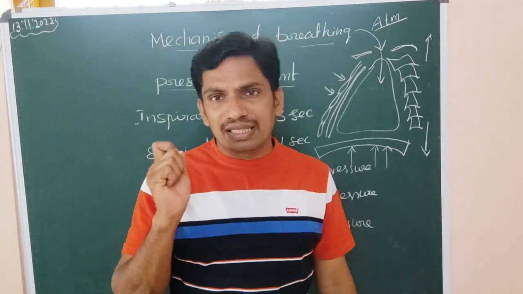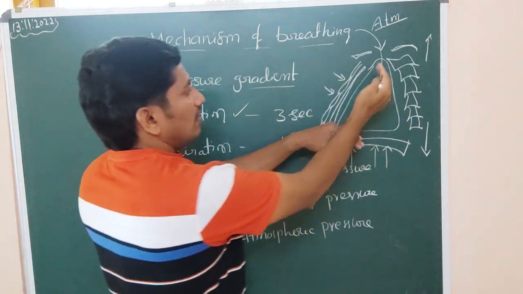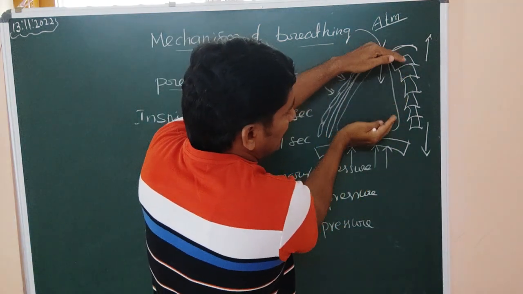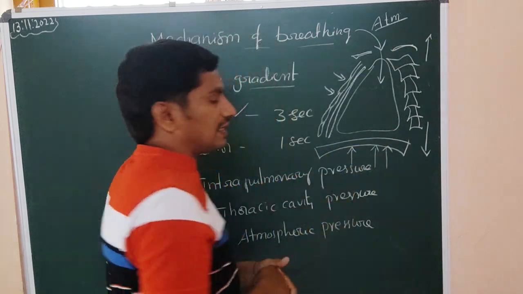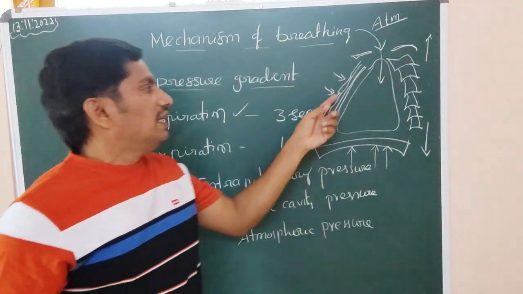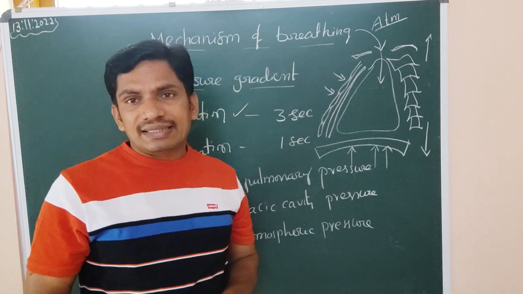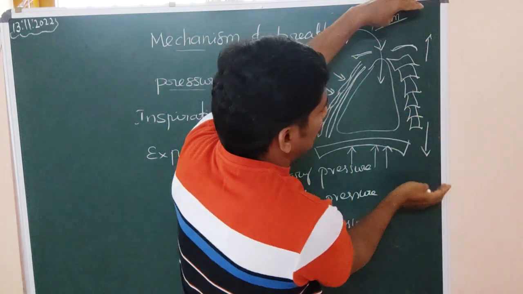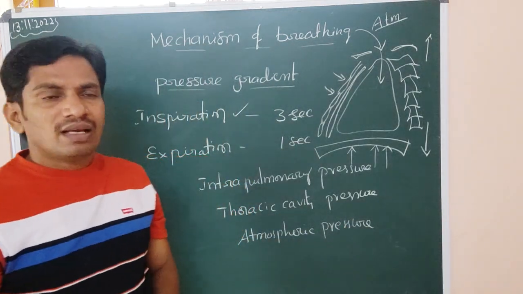That is inspiration. When the chest cavity volume increases because of the contraction of the diaphragm and the external intercostal muscles, the antero-posterior dimension increases.